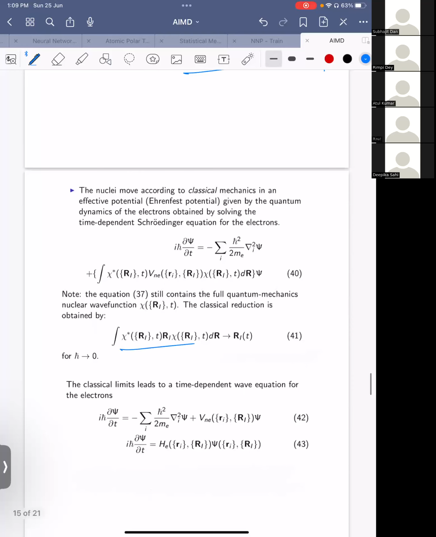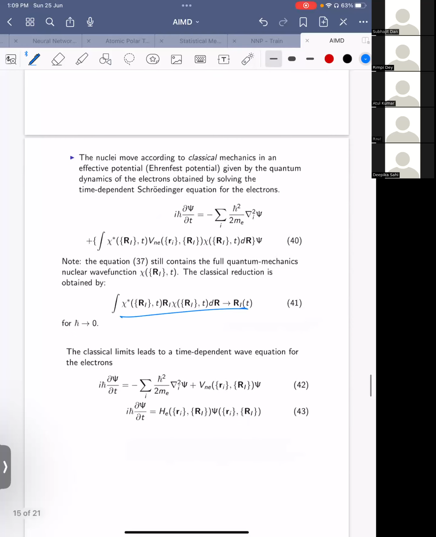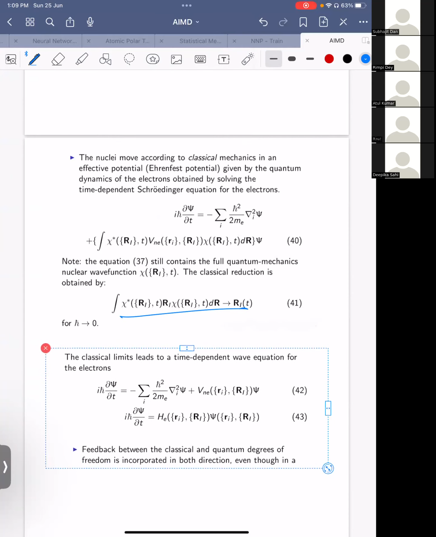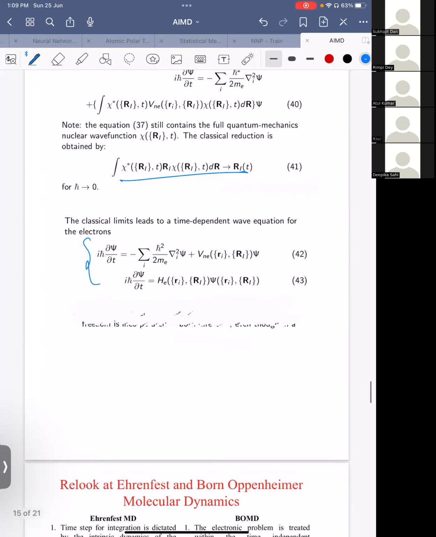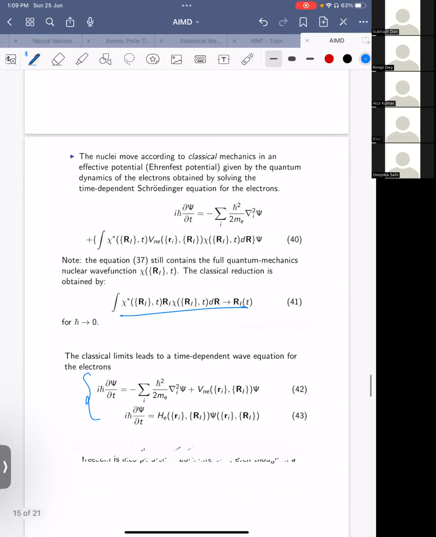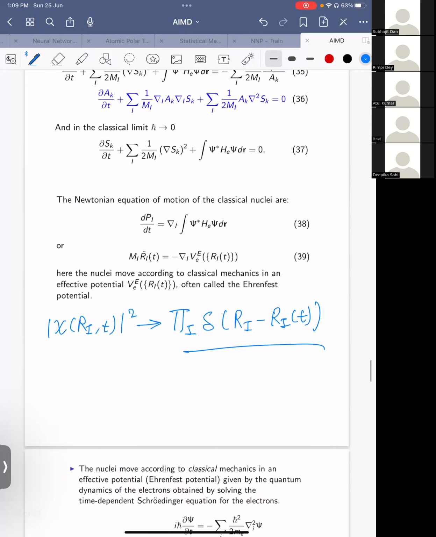So this will be our final equation to solve for phi, and this will be our equation of motion.